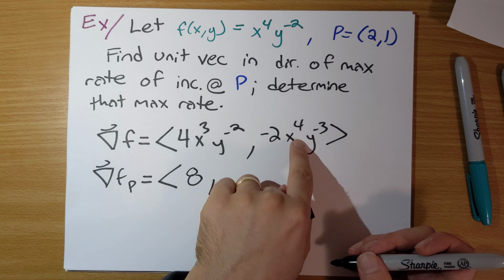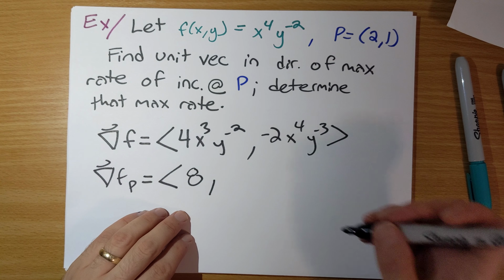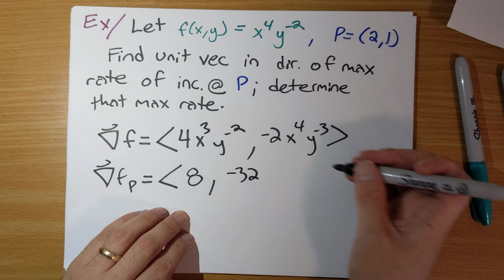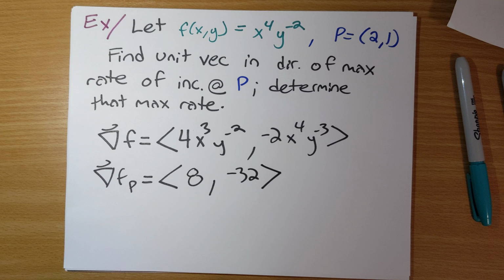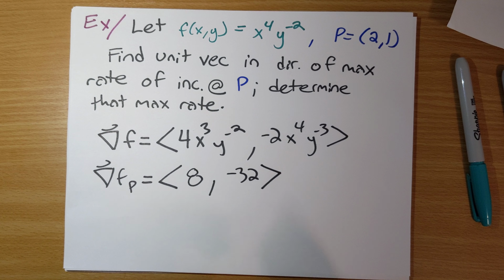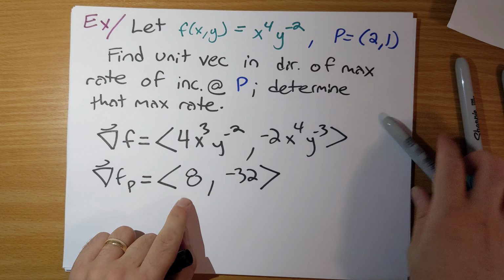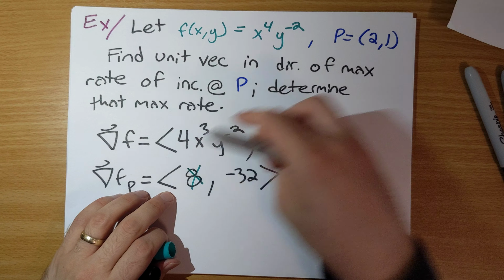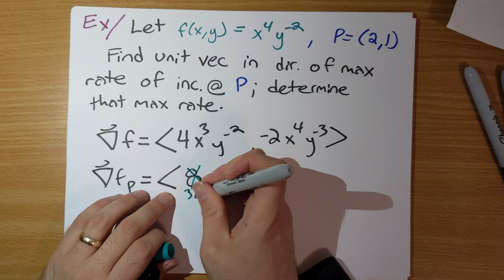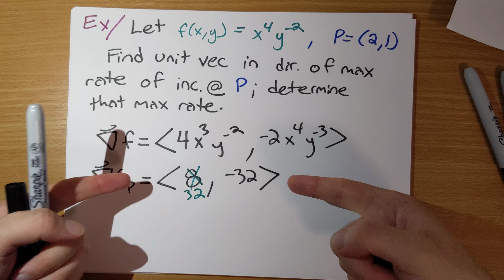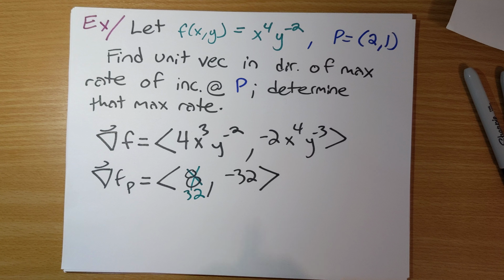Negative 2 times 2 to the fourth will be negative 32, times 1 to the minus third, which is just 1. I'm sorry, I made a mistake here. I forgot to multiply that 8 by that 4. 4 times 2 cubed, 4 times 8 is 32. Okay, so this is the gradient here.